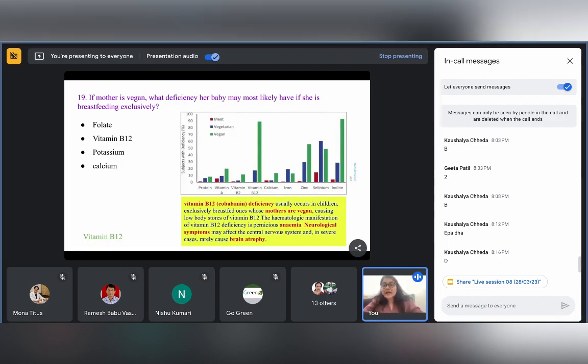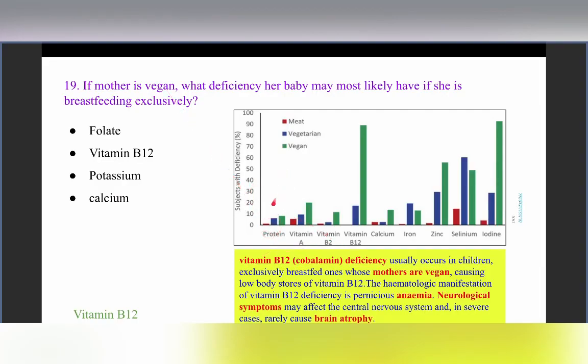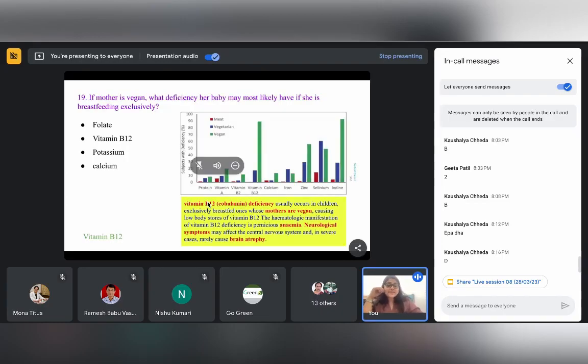As you can see in the graph, it has been seen in patients who are not having meat, who are vegetarian and who are vegan. There is increased deficiency of these specific nutrients, but in the case of vitamin B12 and iodine, there is marked deficiency. So the babies of vegan mothers might be severely deficient in iodine, and we all know that iodine is very necessary for metabolic functions and the entire growth.